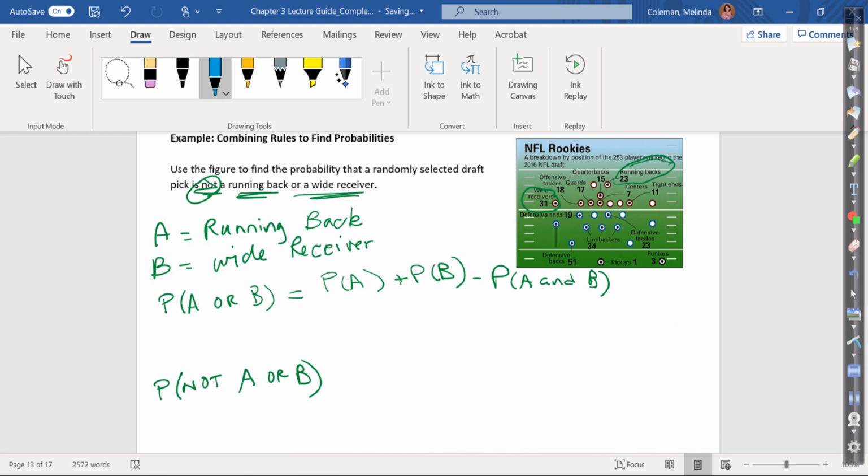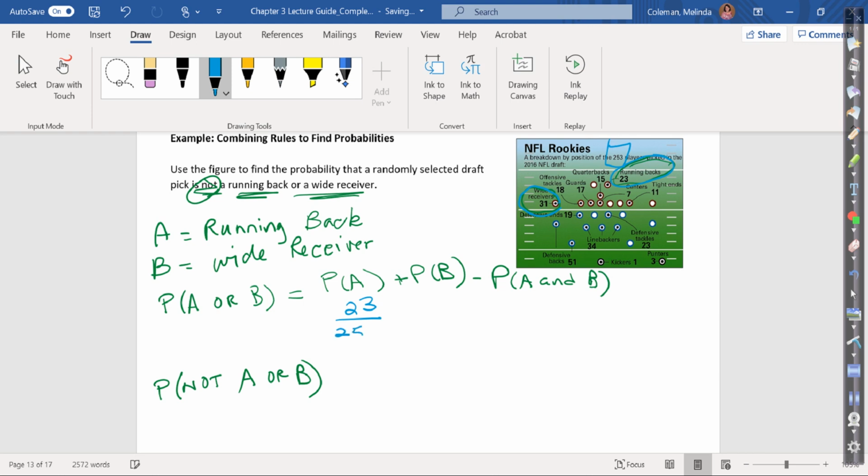So the probability of a running back in that day, there were 23 running backs out of, so how many total positions were there? The total positions, I almost covered it up, was 253.